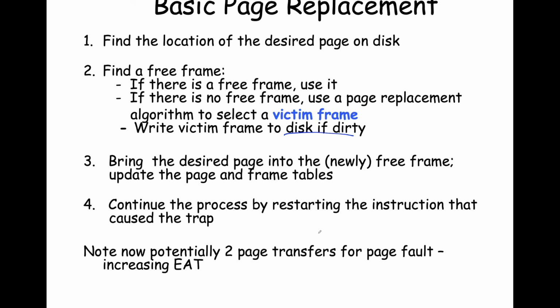Now, of course, anytime you initiate transfers of frames to or from your swap partition on disk, that's going to increase the effective access time, or the EAT, because that IO slowdown is a lot longer in its time than just an in-memory access. So you want to minimize the number of times that you go to and from the swap area, because it's going to make your computation much slower, because you're going to wait longer whenever you have an access for memory.